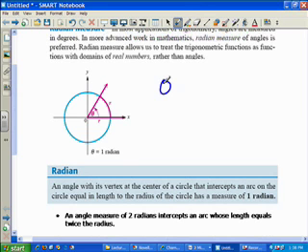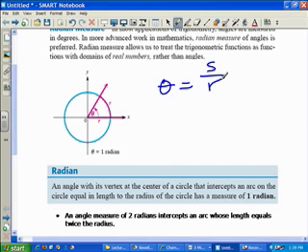You can think of this angle theta being arc length s divided by radius. So in the case where the arc length equals the radius, r divided by r gives you 1, and that's how we have the definition of a radian set up. It's equal to 1 when the arc length equals the radius.